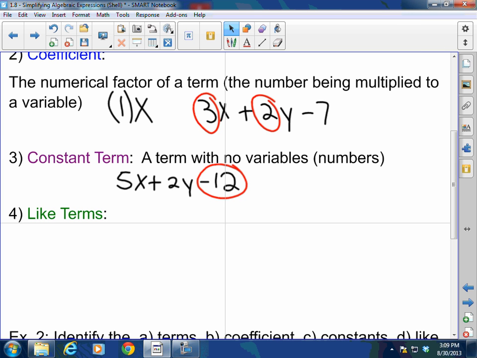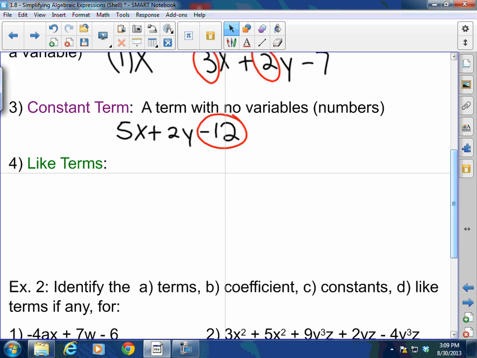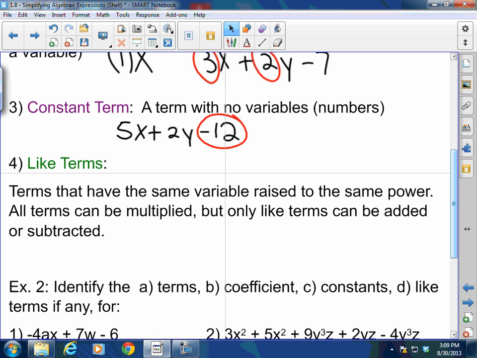And last but not least, you've got to know how to recognize and work with like terms. Like terms are terms that have the same variable raised to the same power. All terms can be multiplied, but only like terms can be added or subtracted. Think about going to the store. If you have 5 apples, and then your brother gets 5 more bananas, do you have 10 apples?